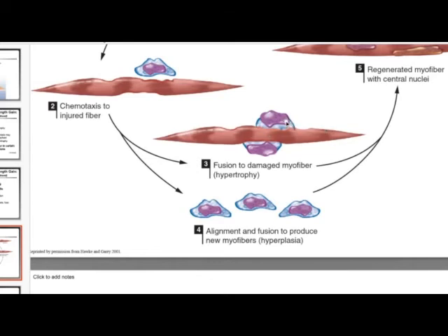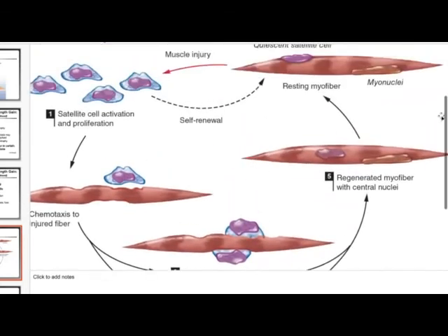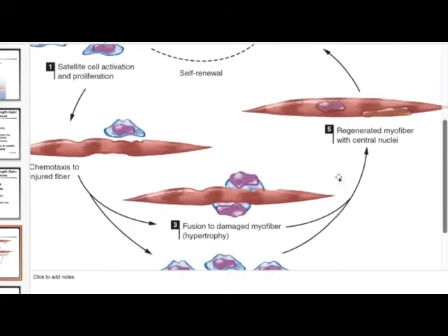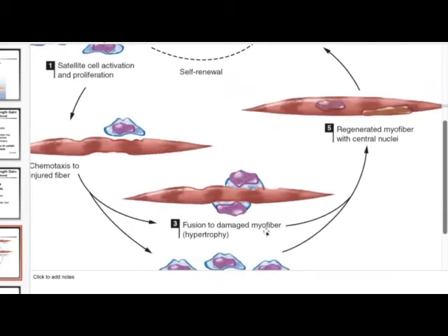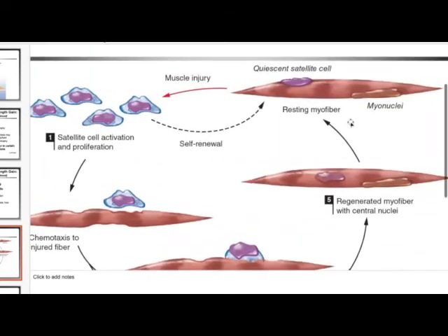Eventually what happens is these satellite cells layer and kind of fill in the micro damage gaps, and then they change from satellite cells to these things called myonuclei. And they kind of act almost like a scab or a scar.